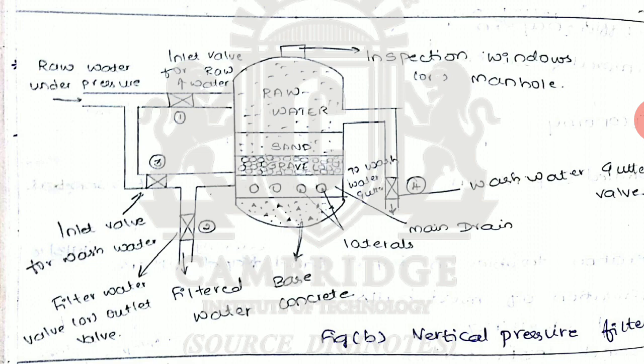And here also the laterals are provided to let the water flow easily downward, and that will move towards the outlet. The capacity will be the same for the vertical type of pressure filter and the horizontal pressure filter.